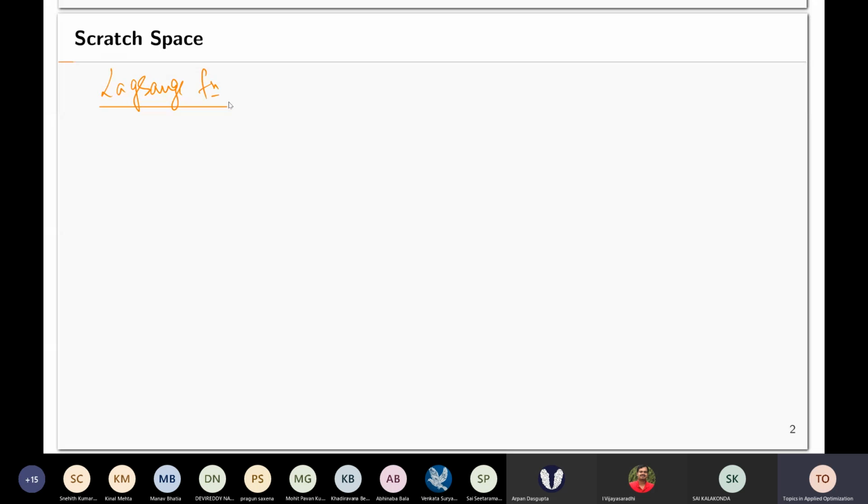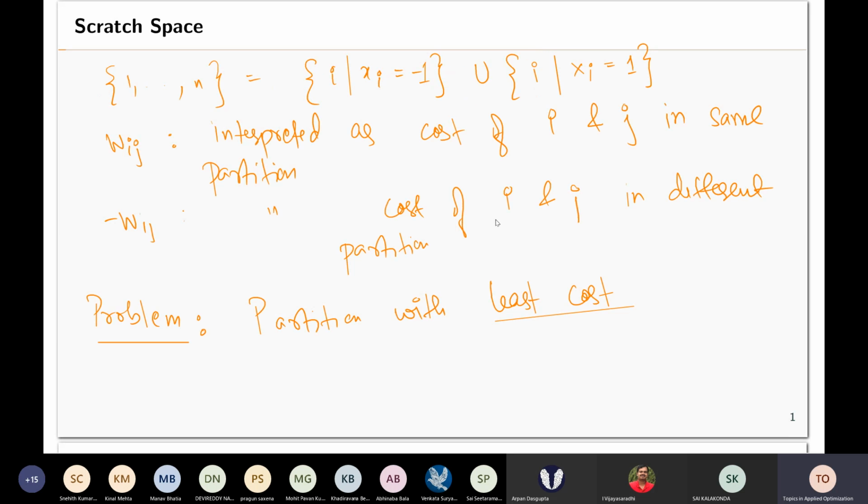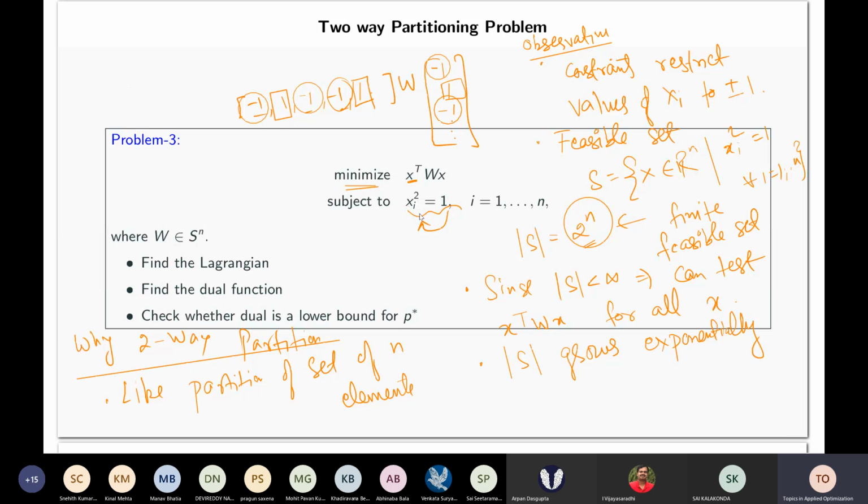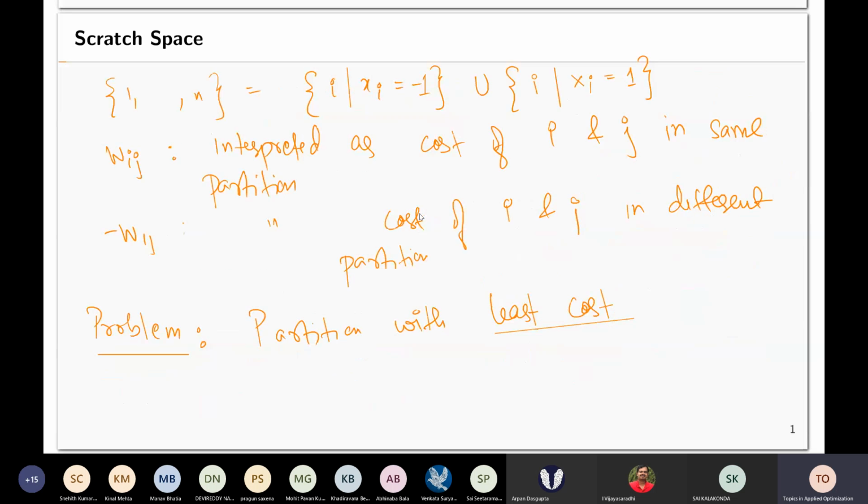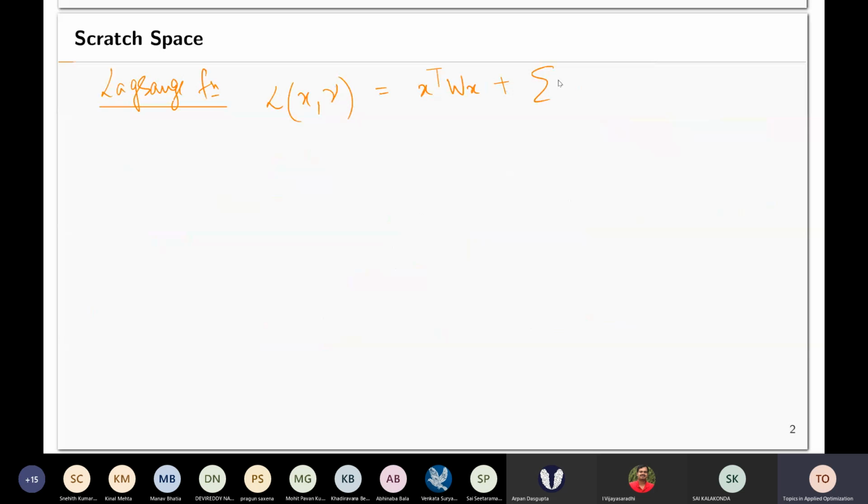So the Lagrange function is given by L, and since there are only equality constraints, I have only the variable nu. x transpose Wx plus, and then since these things are given in component form, I will write this in the sum form. If it was vectorized form, then I would just write in vectorized form.